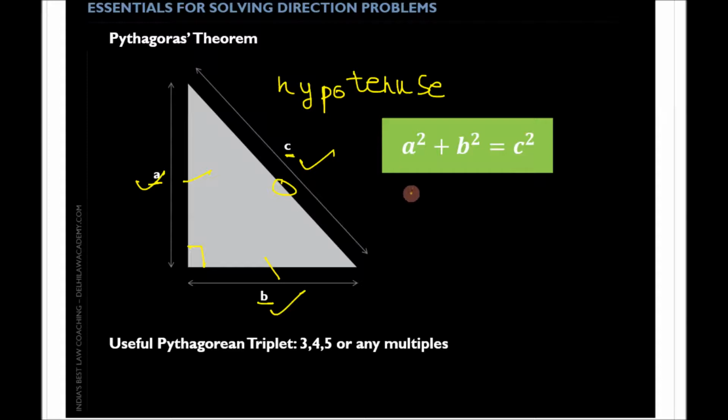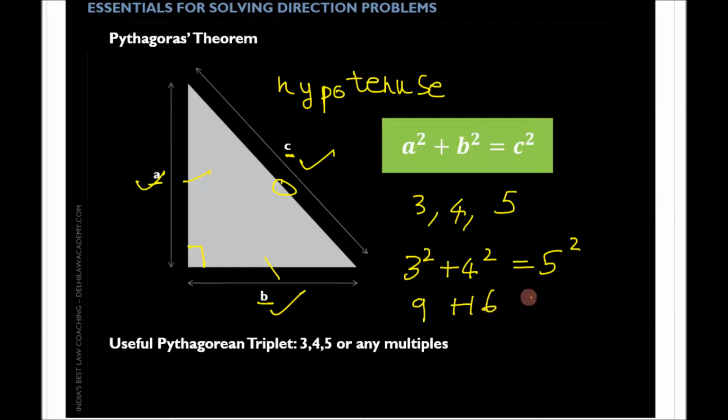The most common and the examiner's favorite, which you'll see in almost every question, is 3, 4, 5. What does it mean to say that 3, 4, 5 is a Pythagorean triplet? All it means is that 3 square plus 4 square is equal to 5 square. How is this true? 3 square is 9, 4 square is 16, and 9 plus 16 is 25, which is 5 square.